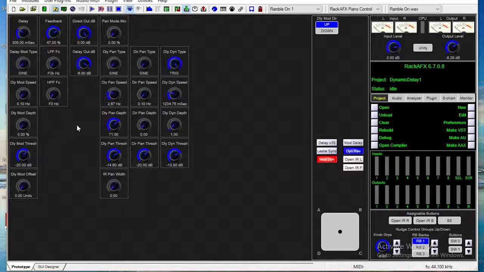So for the first part of my project, I wanted to recreate the TC Electronic 2290 dynamic digital delay rack unit, and my original idea was to recreate all the modes that are possible on that unit.